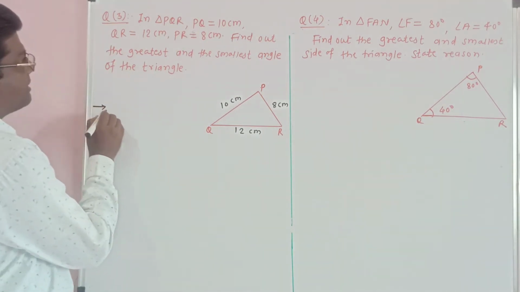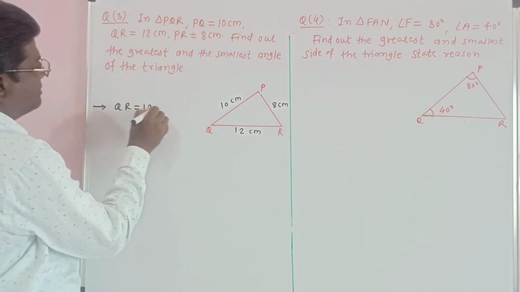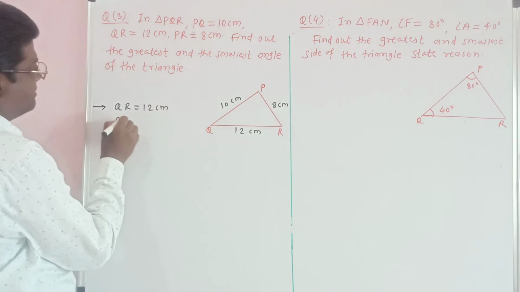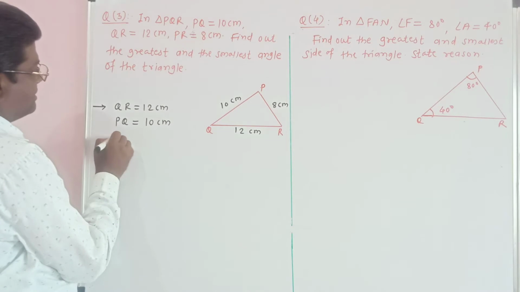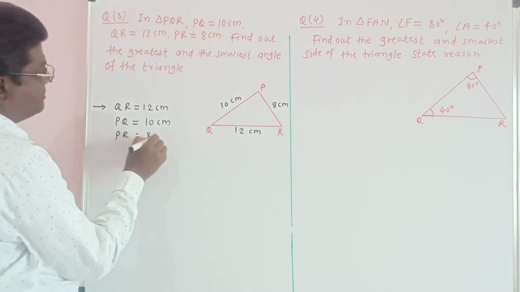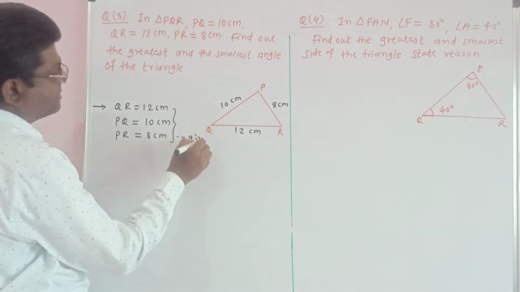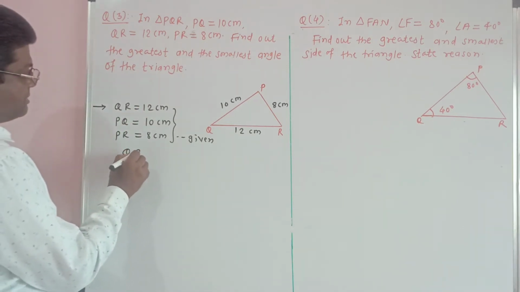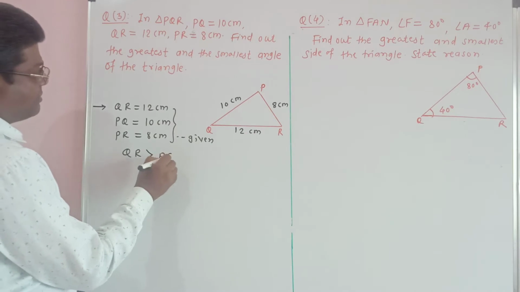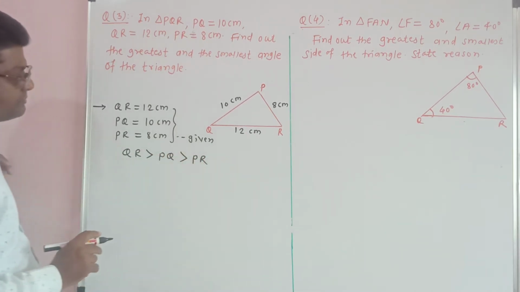Therefore, we write here QR is equal to 12 centimeters, PQ is equal to 10 centimeters, PR is equal to 8 centimeters. This is given. Now which side is the greater? QR is greater than PQ and PQ is greater than PR.